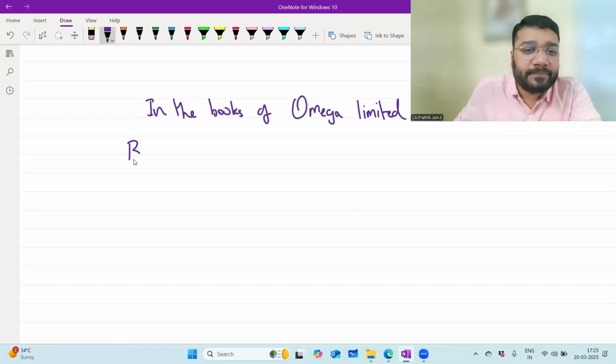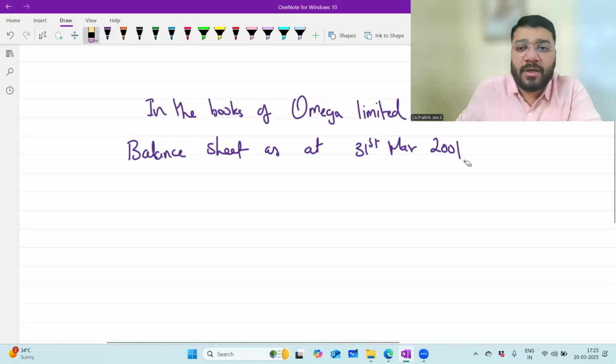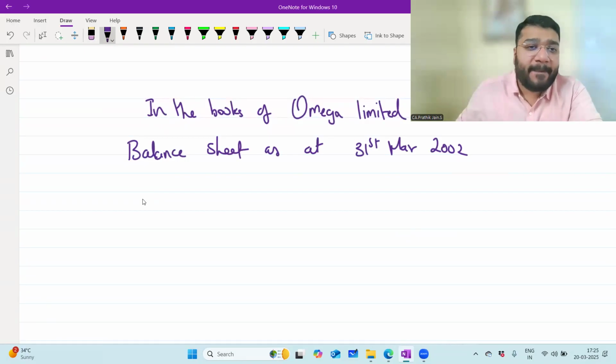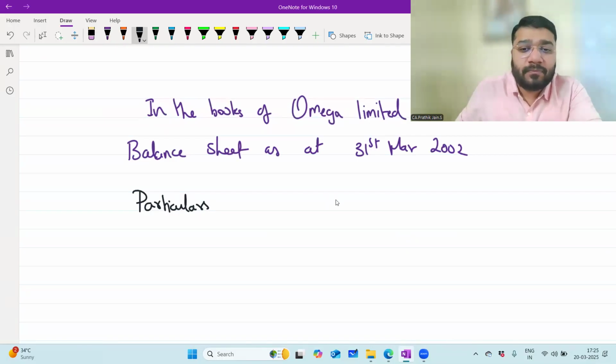Next, balance sheet as at 31st March 2002. Then particulars, note number, 31st March 2002.